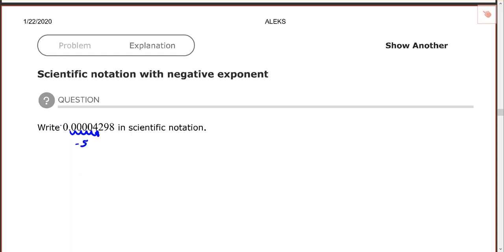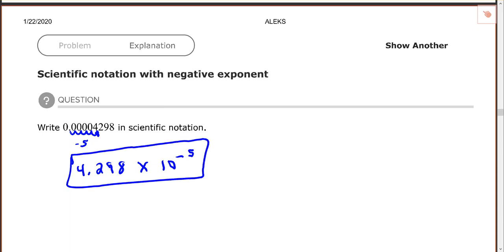And since I started off with 0 point, I know that I will have a negative exponent, because to write it back in standard form, I would have to divide by 10 5 times to get it back in its original form.